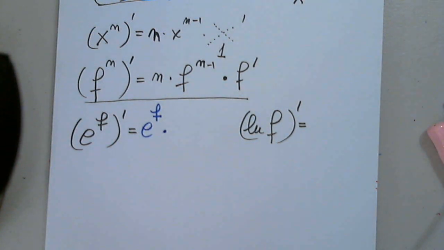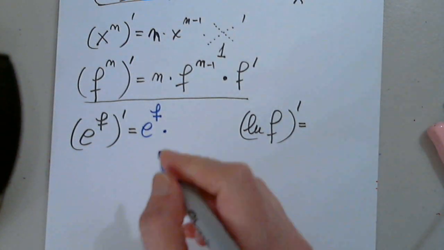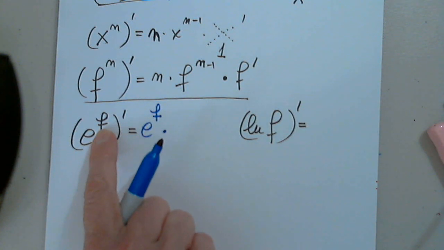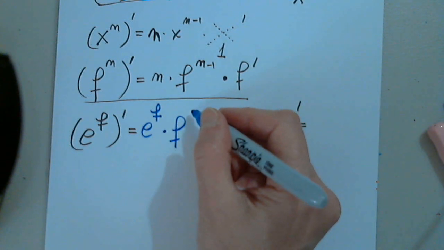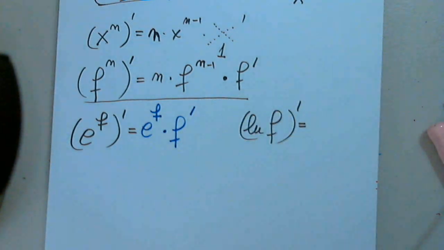What should I write? Is it x prime? Not x. It's not x. It's f prime. That's it.